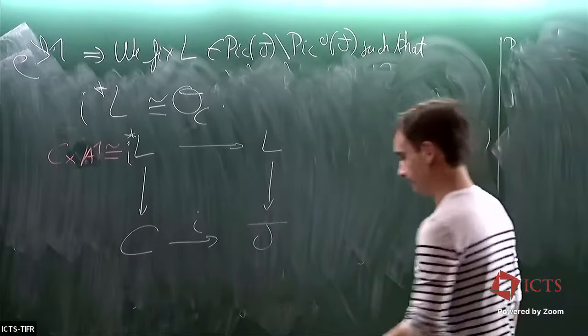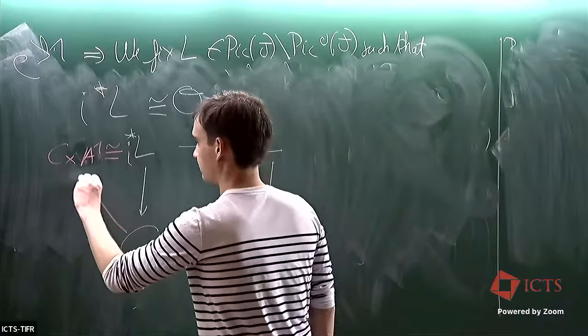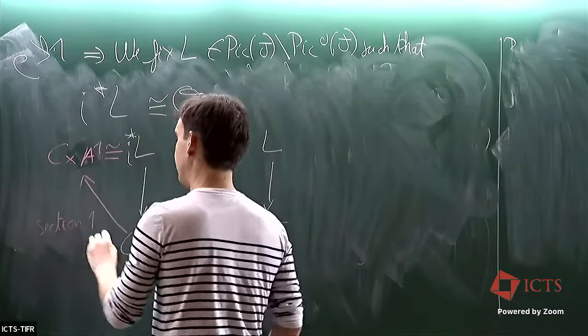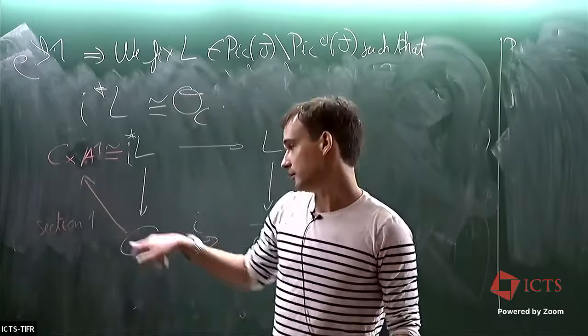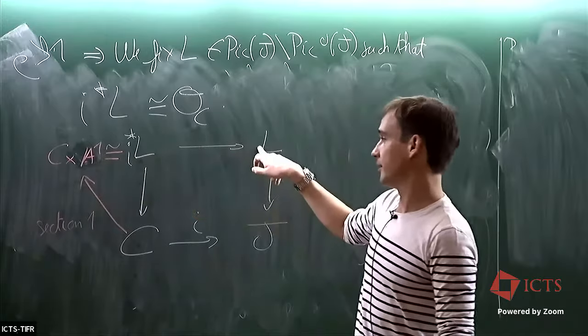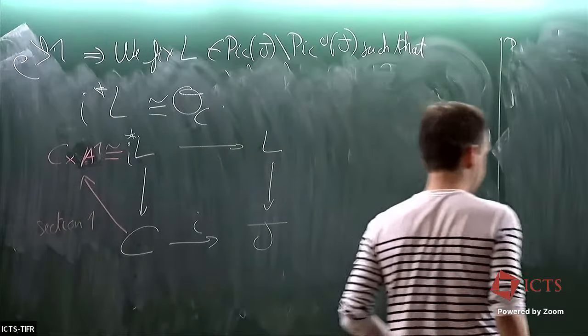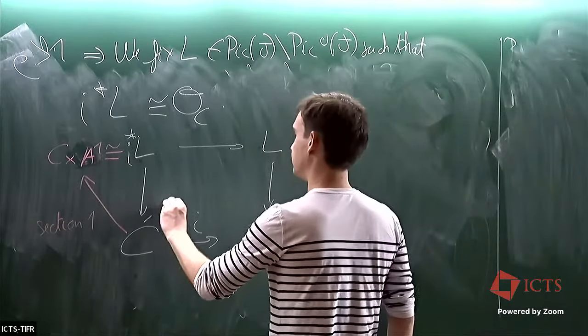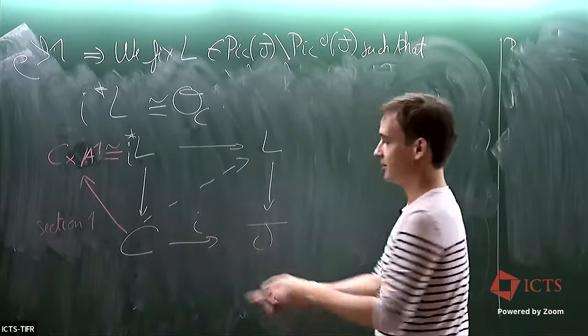So I can define by the section 1. Okay, I can lift the section 1 to every C. I send C to 1 here. I go through this and I go there. Finally, it defines a map from C to L that lifts the map from C to J.